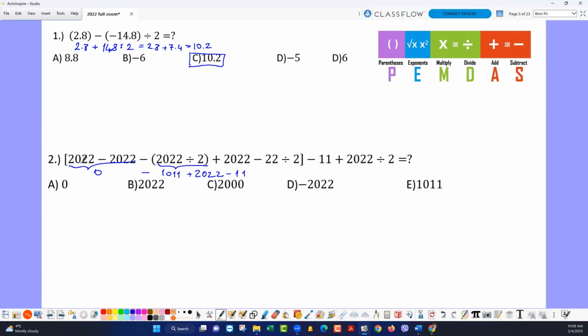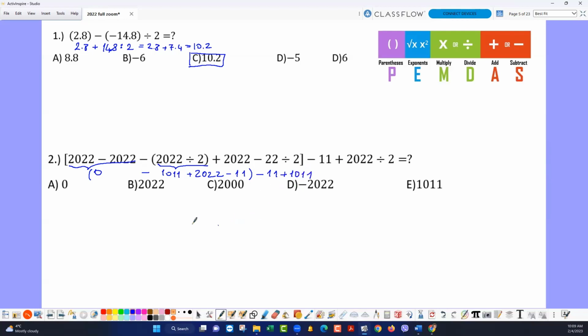And minus 11 plus 2022 divided by 2. So I'm going to do this part, minus 11, I keep the same. 2022 divided by 2 is again 1011.